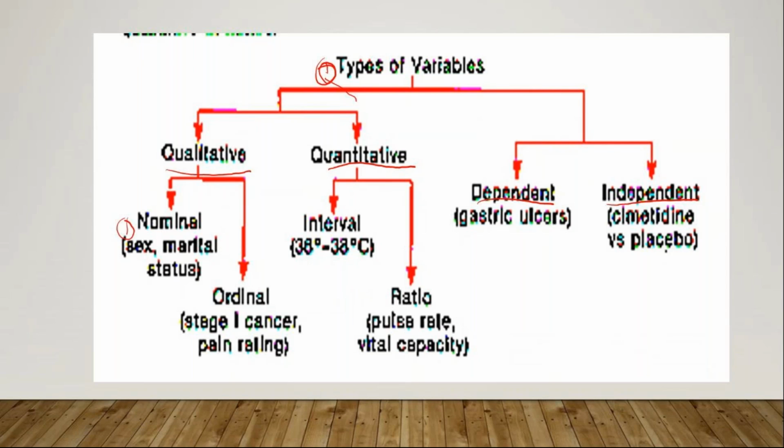And the ratio comes in pulse rate and vital capacity. In the dependent variable diseases come, that is gastric ulcer, carcinoma, peptic ulcer. And in independent, the drug will come, like cimetidine versus placebo. Comparison of drug will be there. Okay, so I hope this table is very clear to you.